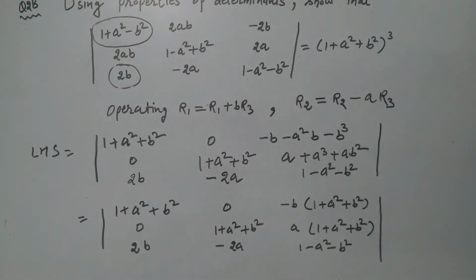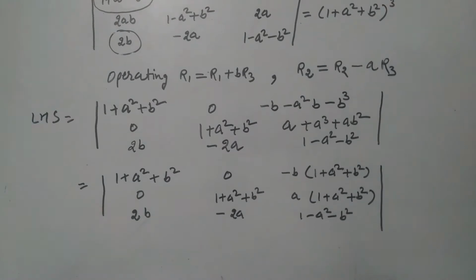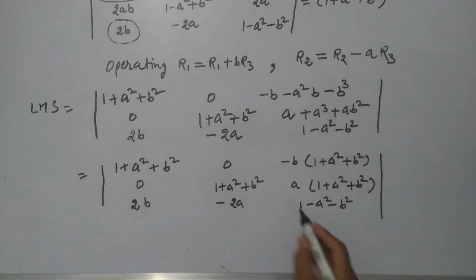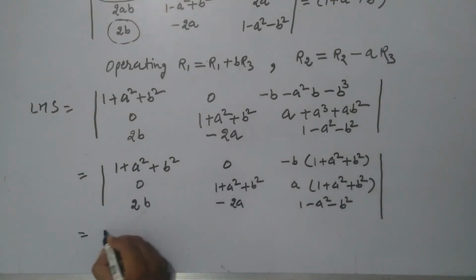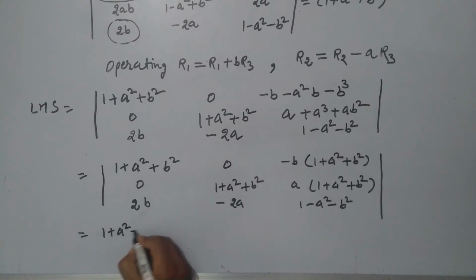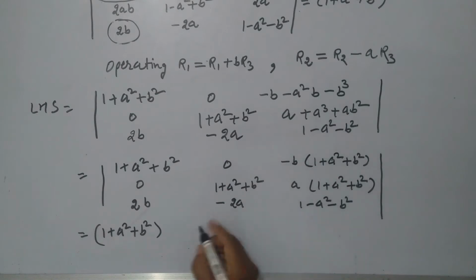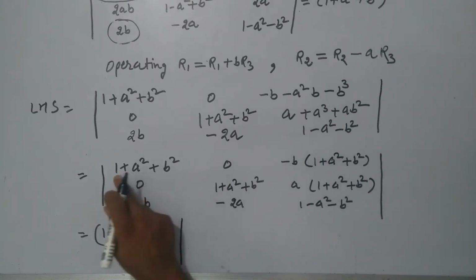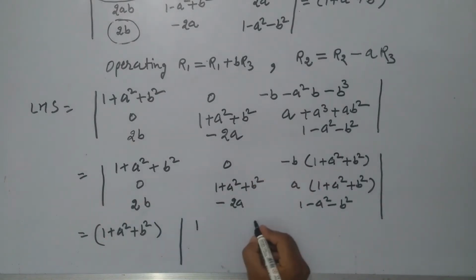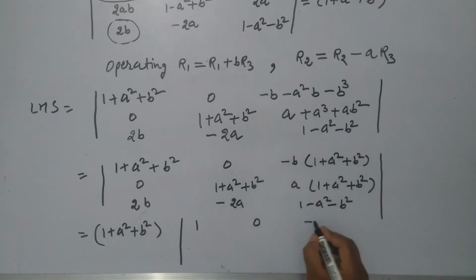Now what should be the next step? In the next step we take this common. What is taken common? 1 plus a square plus b square is taken common from row 1. So inside the row we are left with 1, 0, minus b.